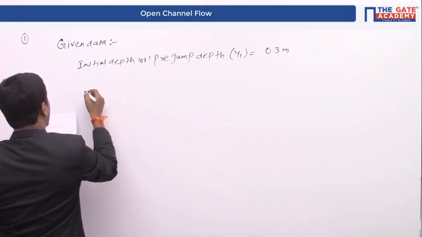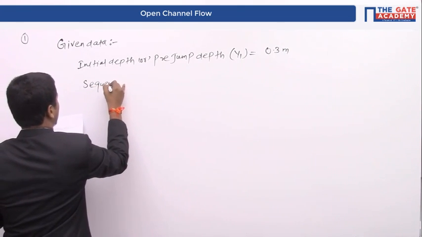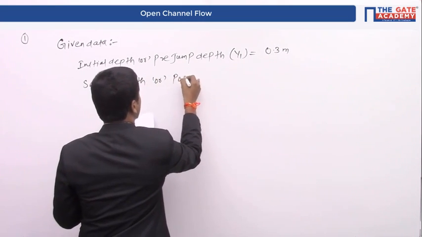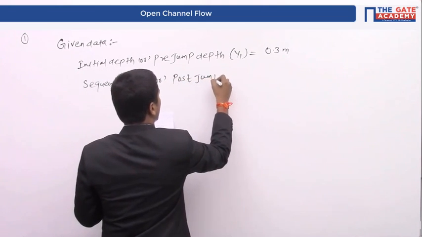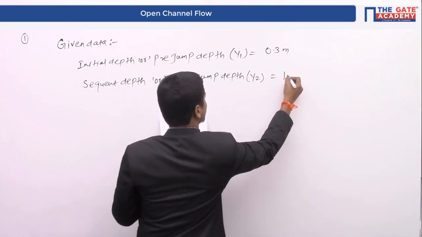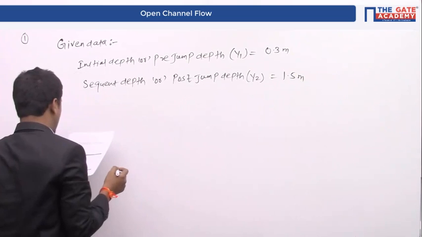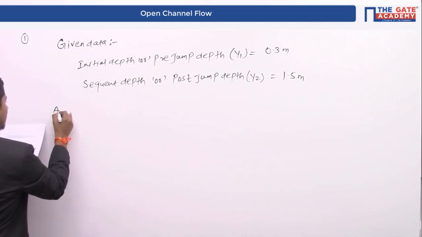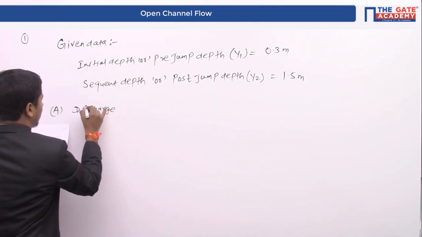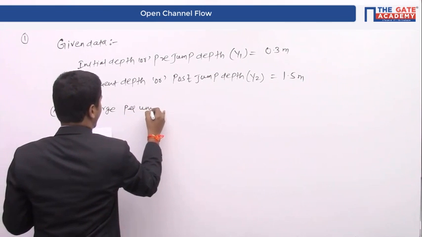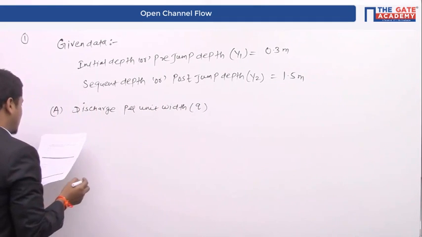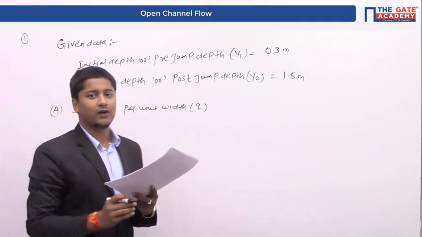The sequent depth, or post-jump depth, Y2, is given as 1.5 meter. The first thing they are asking is the discharge per unit width, that is q. The second part we will discuss later.